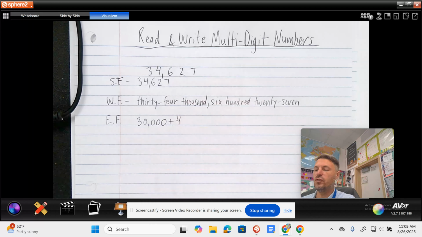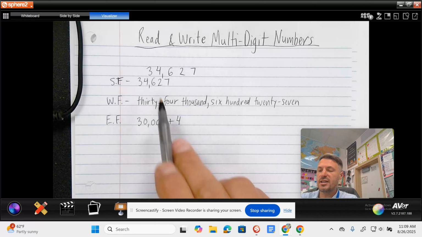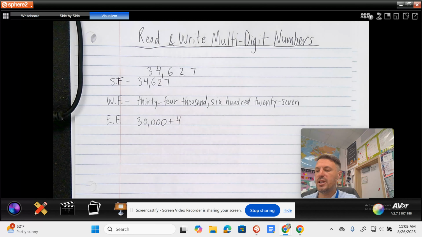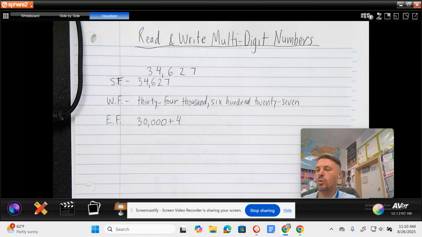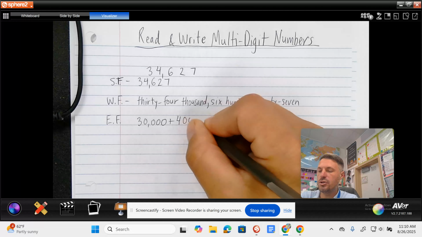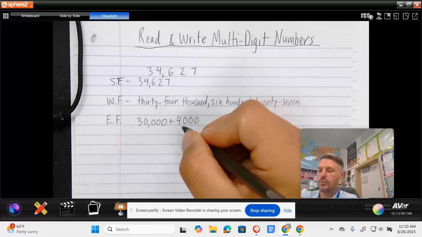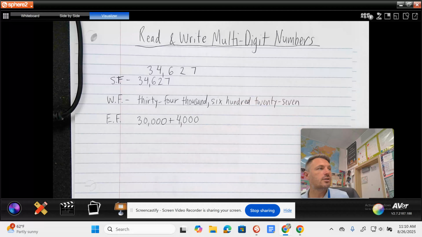But we don't just write a 4, because we're writing the value of that digit. Since that's a 4 in the thousands place, its value is 4,000. And look, there are 3 digits to the right of the 4, so we put 3 zeros.